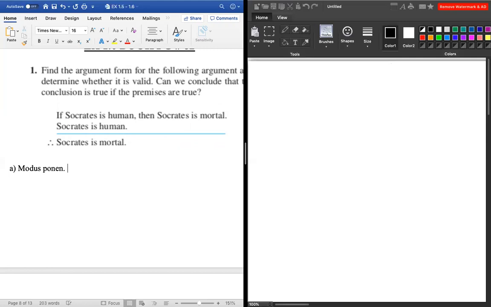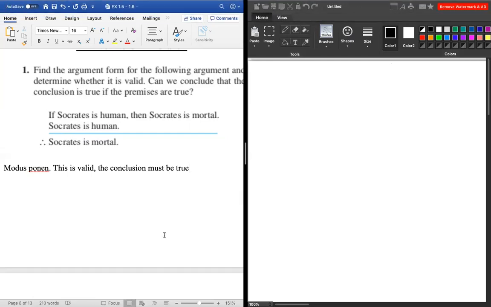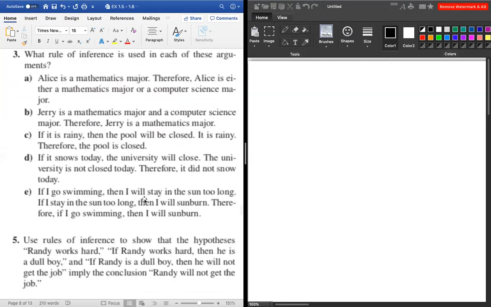And then we say that this is valid because if the premises are true, and based on the rule modus ponens, we know that the conclusion must be true as well, because the hypotheses are true. Let's move to the next one. That was pretty simple.